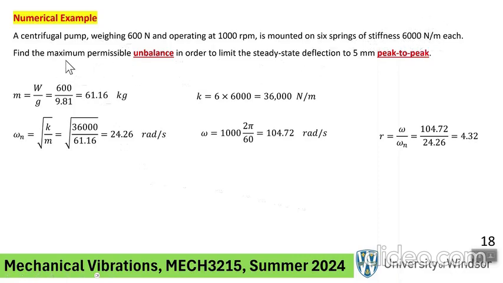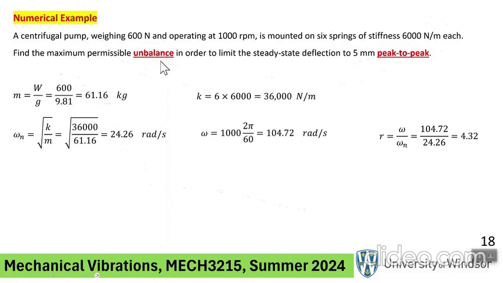Now, it says, what is the maximum permissible unbalance to limit the steady state deflection to 5 millimeter peak to peak? In other words, we want big X to be this value, and what we want to know is the permissible unbalance.